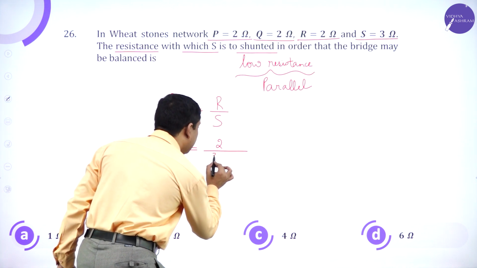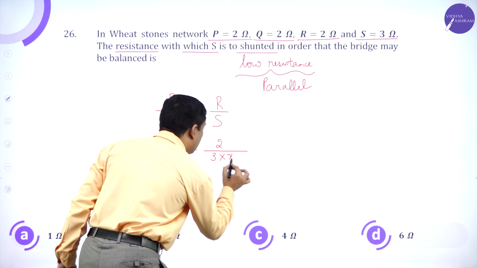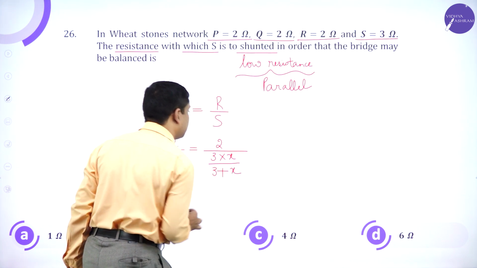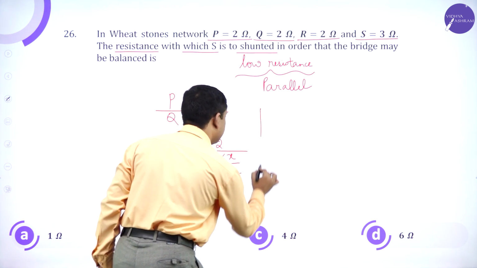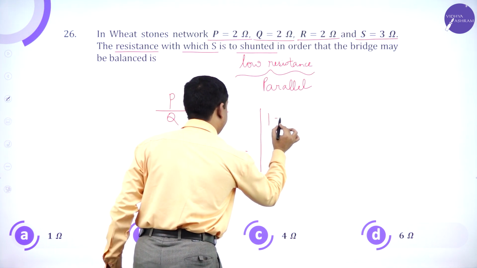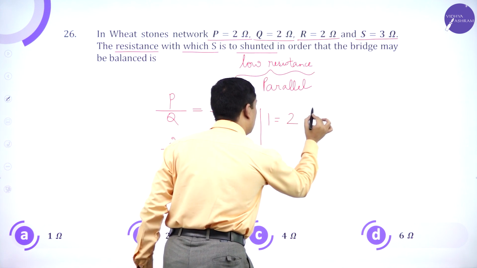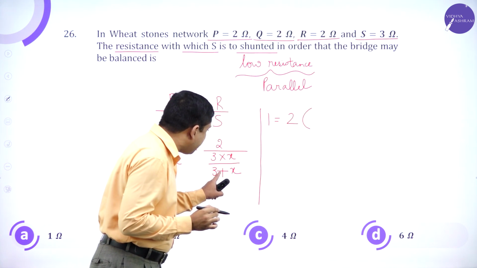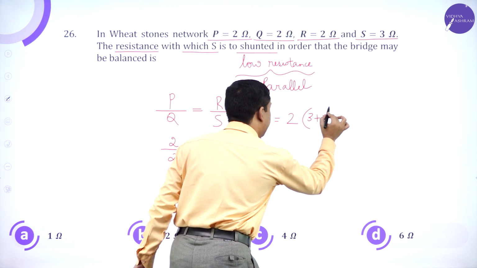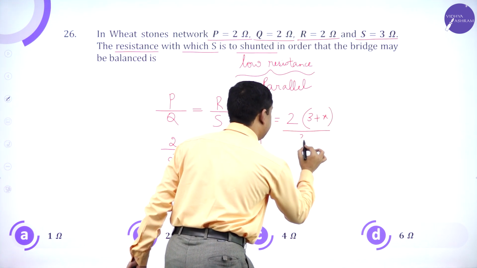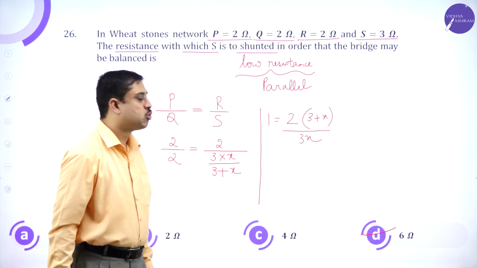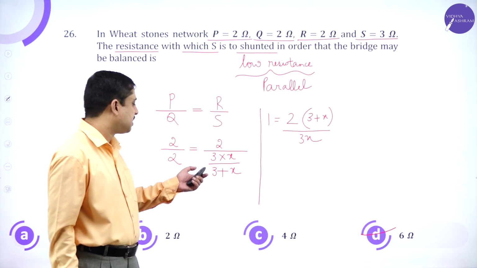So, parallel, 3 into X divided by 3 plus X. So, on solving, 1 equals 2 into 3 plus X, the denominator goes to the numerator, divided by 3X. When you solve for X, it turns out to be 6 ohms.